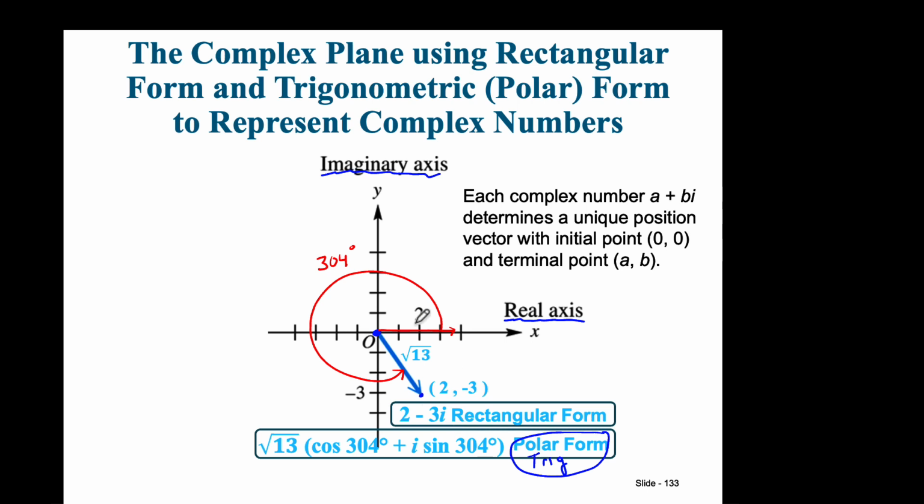So it is the same vector. This vector can be represented as 2 minus 3i, or as radical 13 times cosine of 304 degrees plus i sine of 304 degrees. All right, so that is a breakdown of the title of this slide: the complex plane using rectangular form and trigonometric or polar form to represent a complex number.